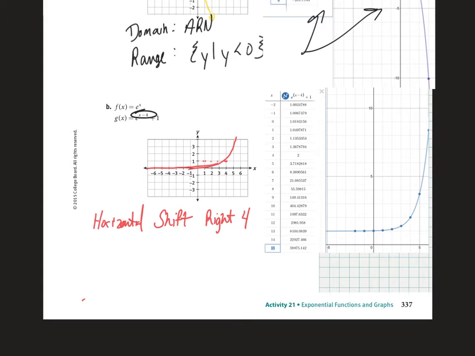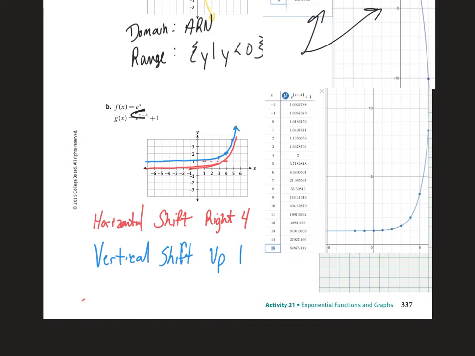But we have another transformation as well, and that is the +1. Remember, anytime we add to the back of a function, all we've created is a vertical shift. And these are not tricky. This one feels like it should be up because it's +1, and it is up 1. So where it was here will now be there. This will be there. This will be there. And we will now be asymptoting at 1 instead of 0.